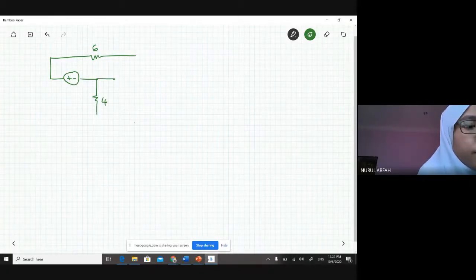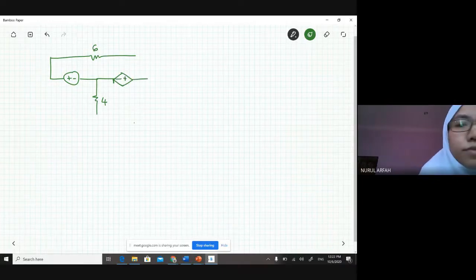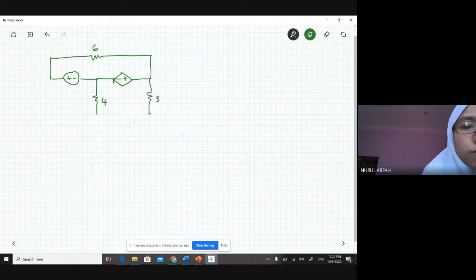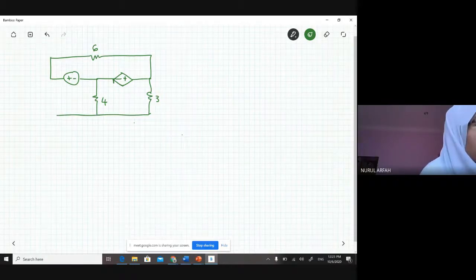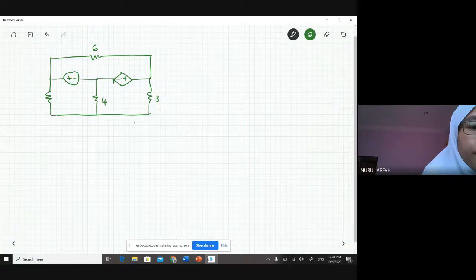This is 4. Then some dependent source here. Then 3 ohms. This is by using nodal analysis. This is 2. Yes. Okay, good.